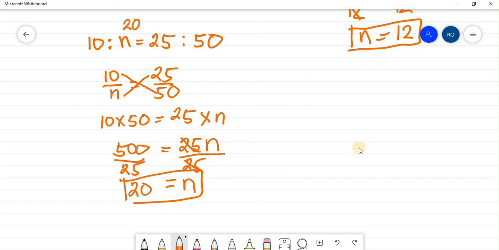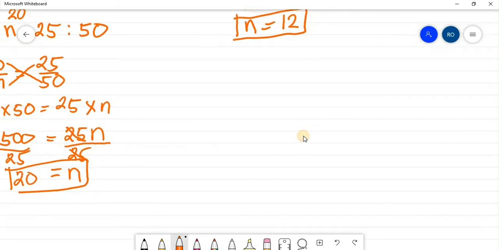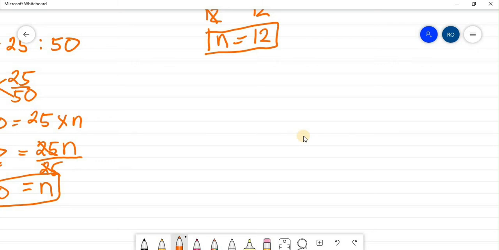Now, again, let's try to identify if these two ratios are proportion or not. Let's say, for example, 3 to 7 is equal to 14 to 6.